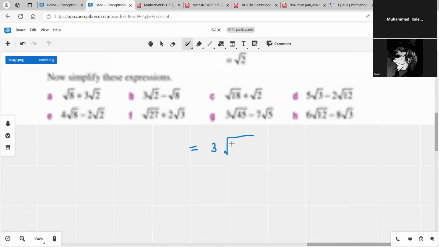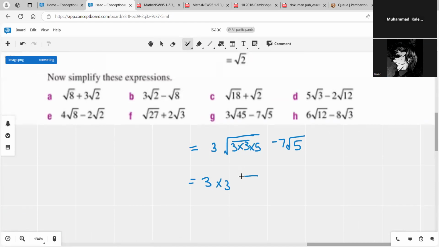Here we have root 45. Root 45 can be written as 3 times 3 times 5, the 45 in another format, minus 7 root 5. Got it? This 3 will be taken outside the root, so 3 root 5 minus 7 root 5.